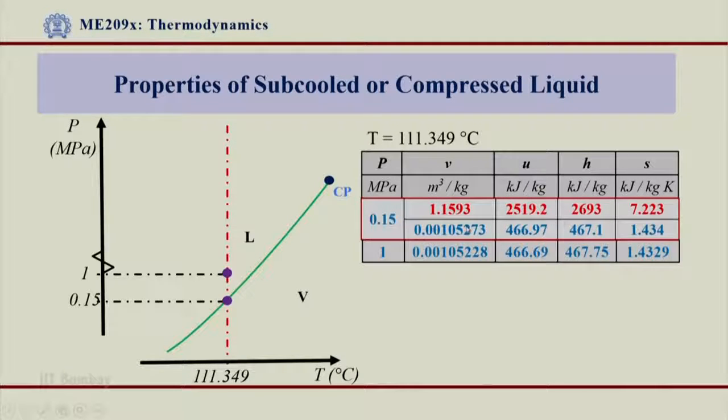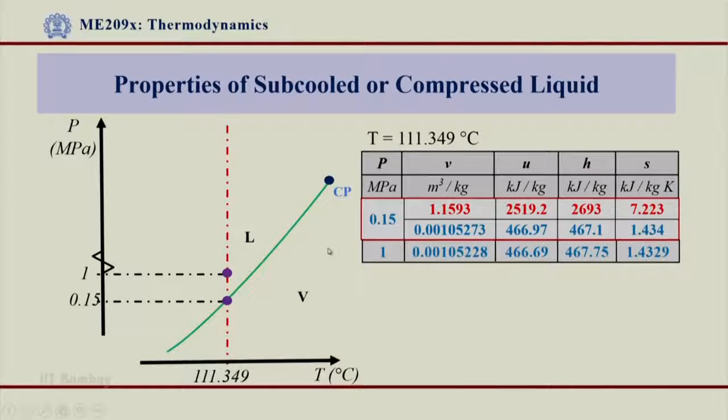For example, in the value of specific volume, you can find that it has changed in the 7th decimal point. There is hardly any change even in thermal energy, a little bit of change in enthalpy and very little change in entropy, alright. So, from 0.15 to 1 MPa, you can see that changes are very little, maybe less than 1%.